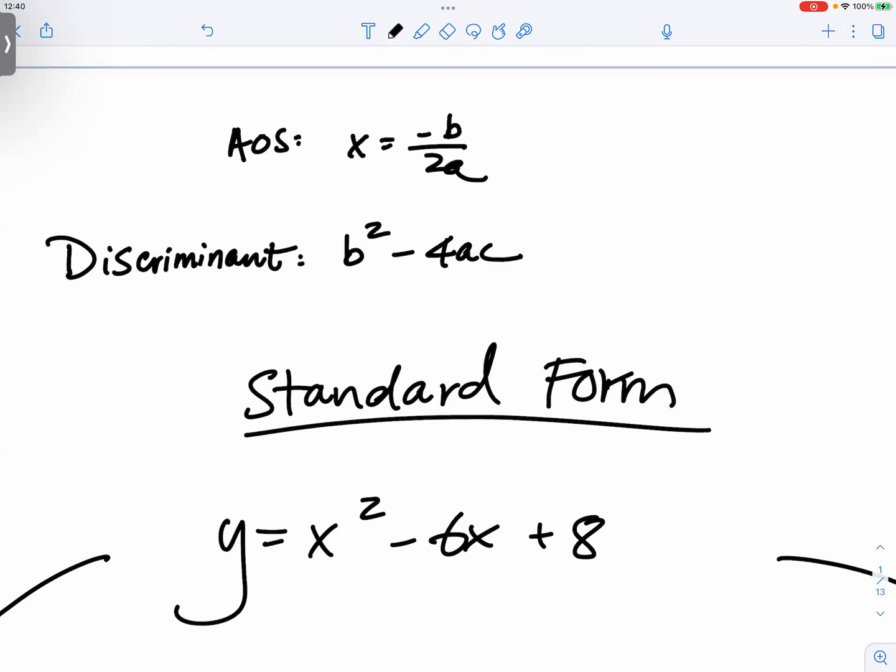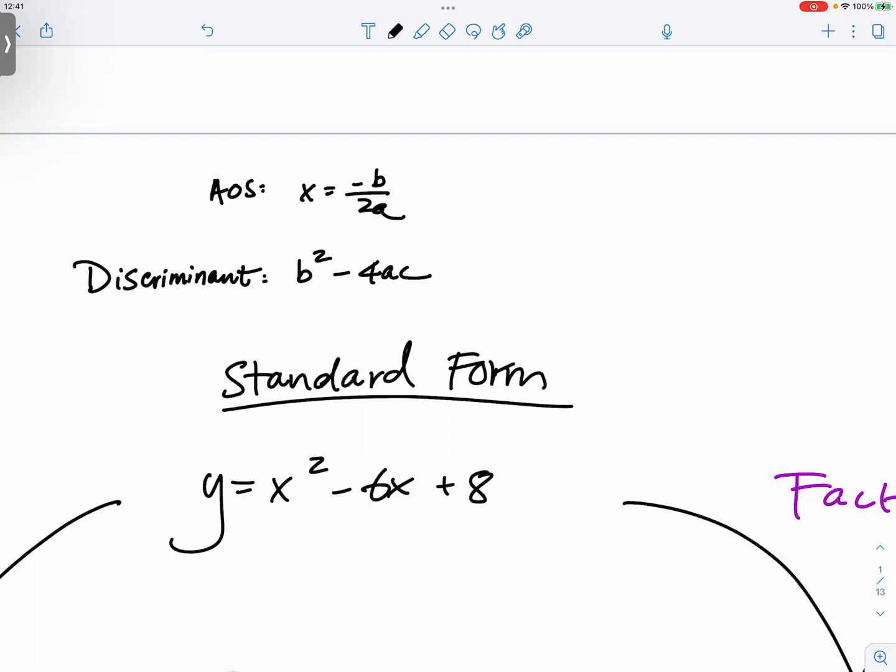Okay, what does it tell you? The discriminant tells you how many roots there are. There could be 2 roots, 1 root, or 0 real roots but 2 imaginary, depending on whether b squared minus 4ac is bigger than 0, equal to 0, or less than 0.